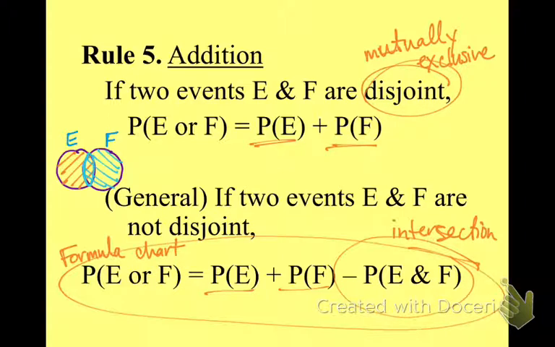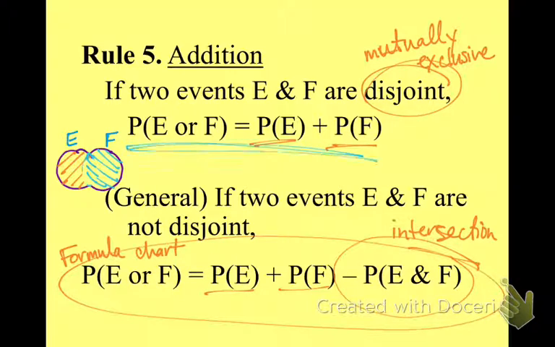So I need to erase one of those so that it only gets counted once. If I subtract one of the intersections, I'm only left with one. That's kind of like a visual of what we're doing here.